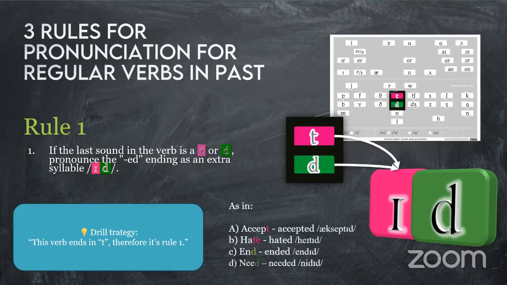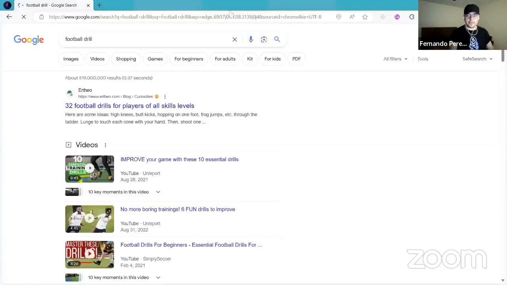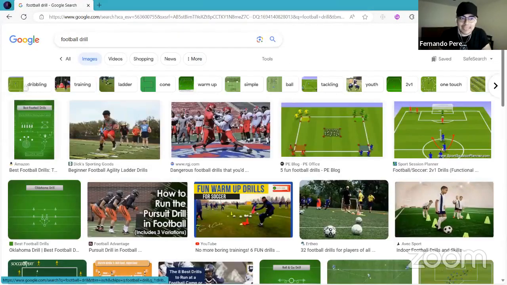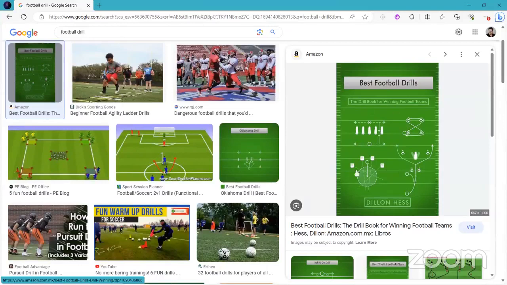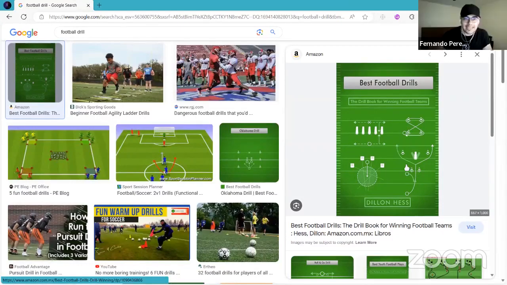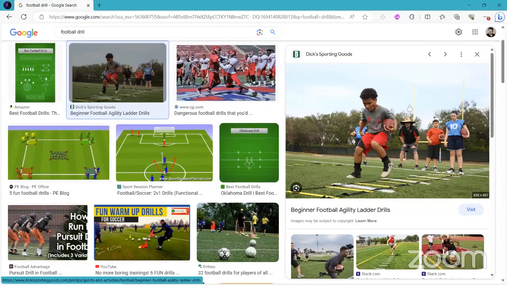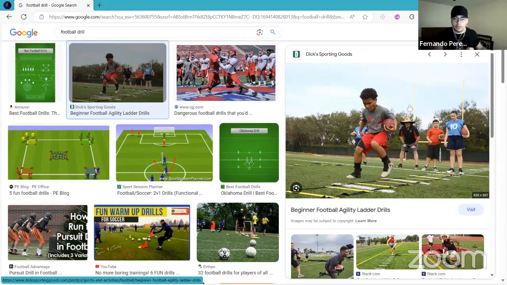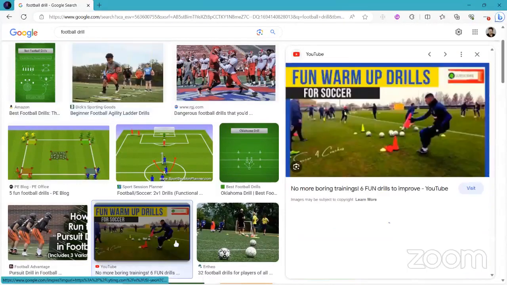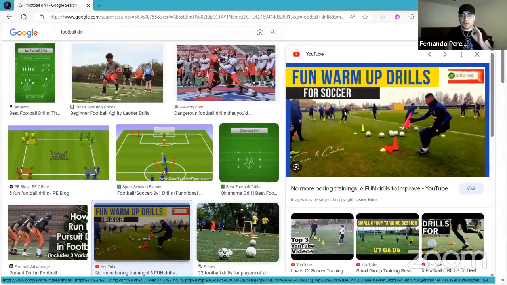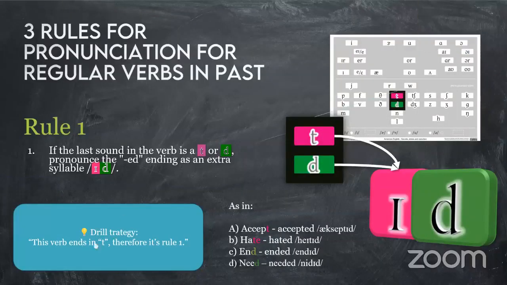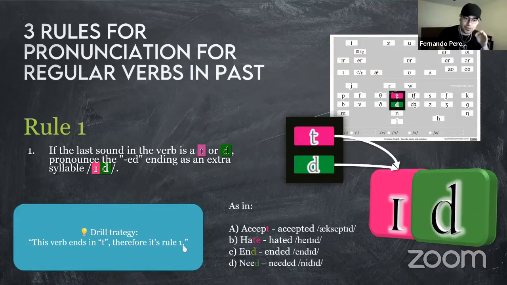Okay, no problem. I can help you. A drill is a strategy to attack. And it's a constant practice, a repetition that football players repeat and repeat and repeat. So in the action, they move with memory, with physical memory. So a good drill to repeat in your mind is the verb ends in T, therefore it's rule 1.